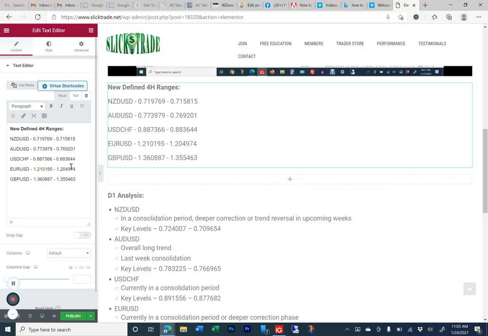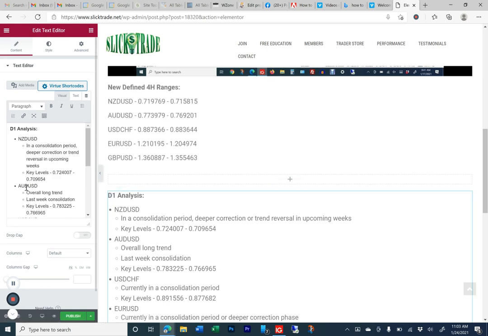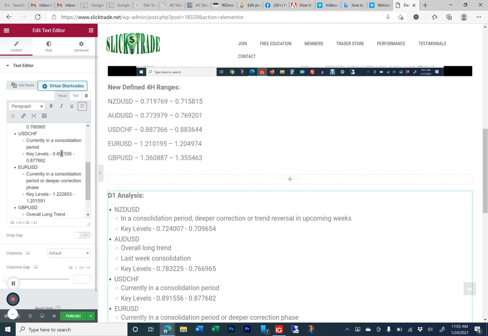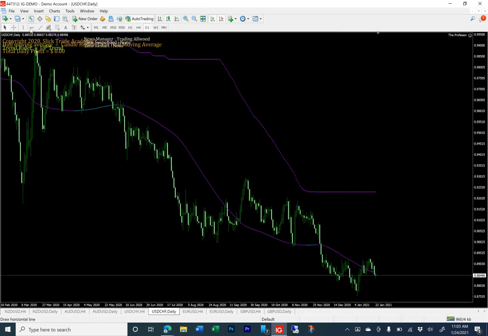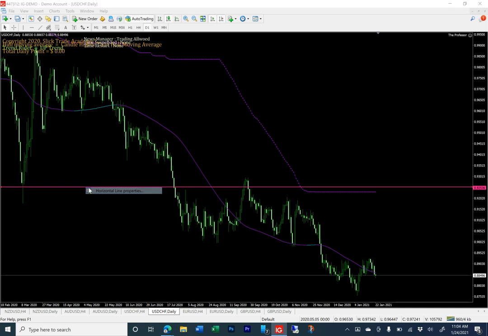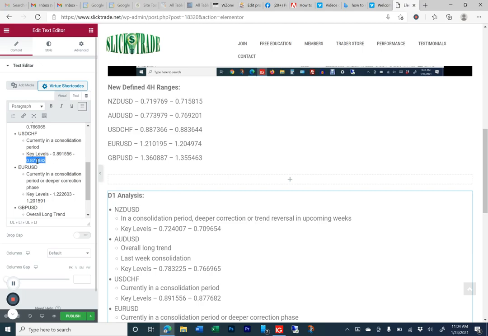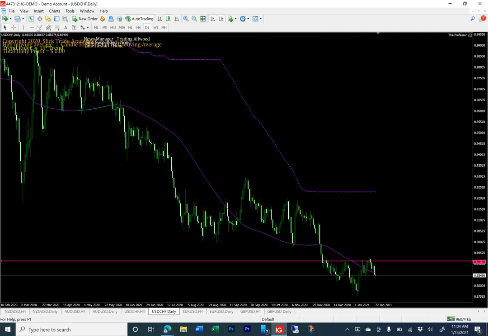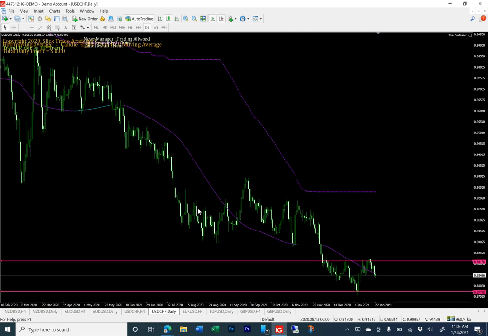So here are our new key levels. You see on the daily, currently in a consolidation period. And our key levels for the daily were here and here.